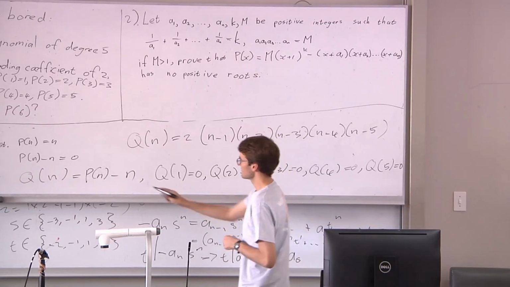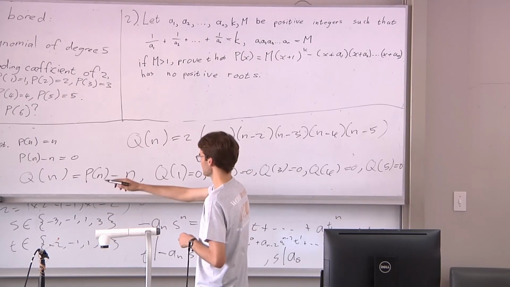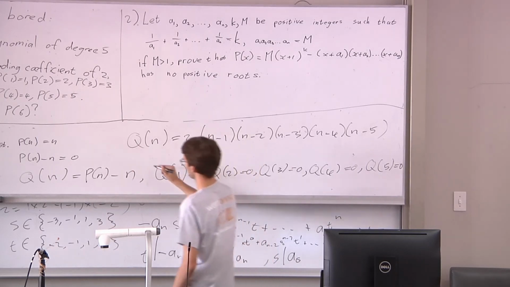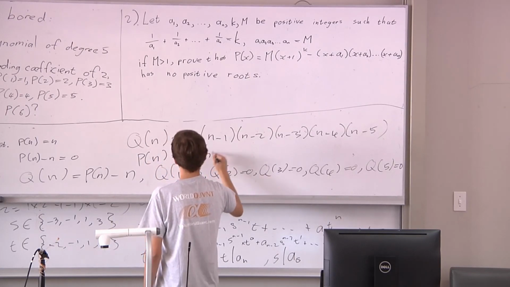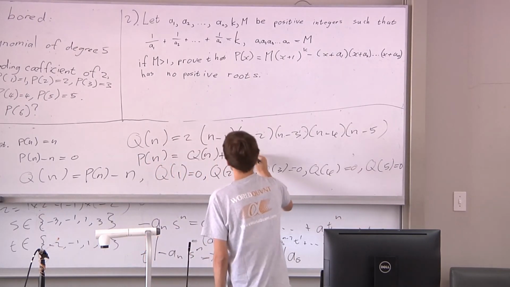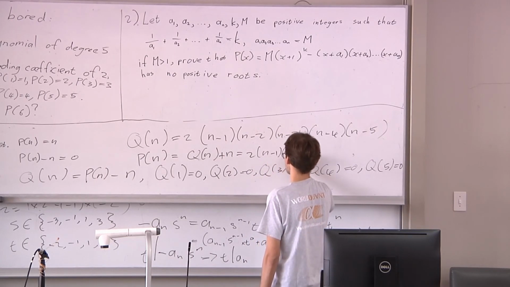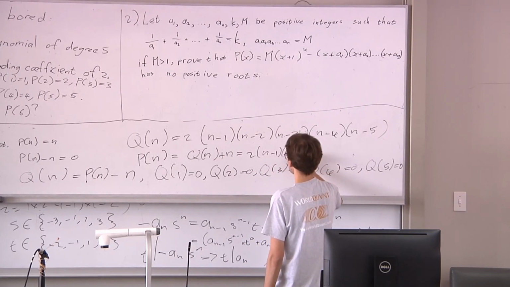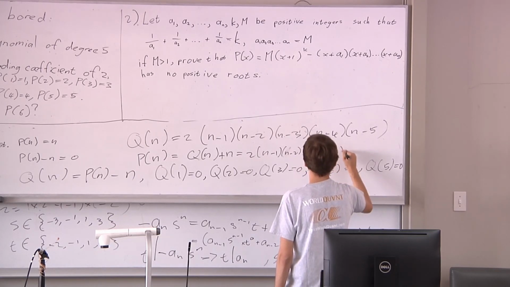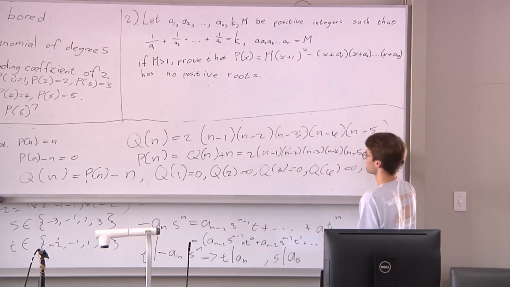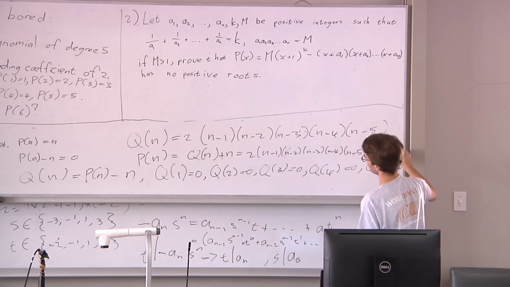And since Q of n is defined as P of n minus n, you know that P of n is equal to Q of n plus n, which is 2 times (n minus 1) times (n minus 2) times (n minus 3) times (n minus 4) times (n minus 5) plus n.